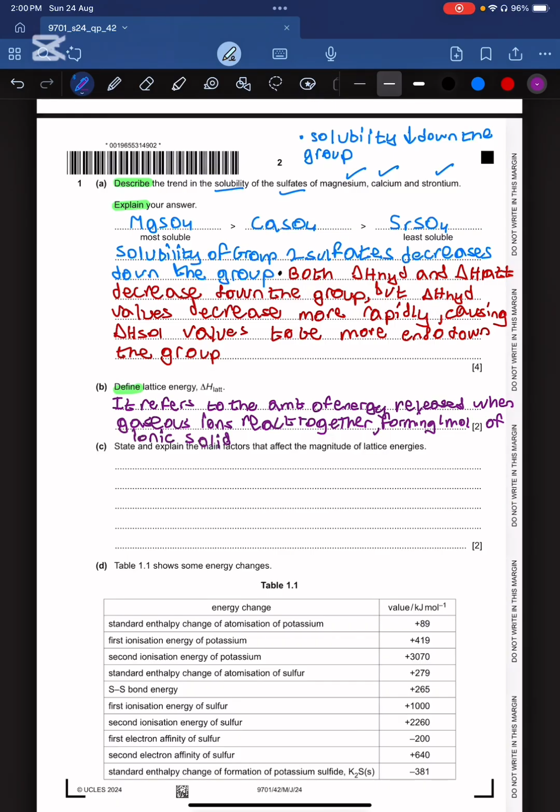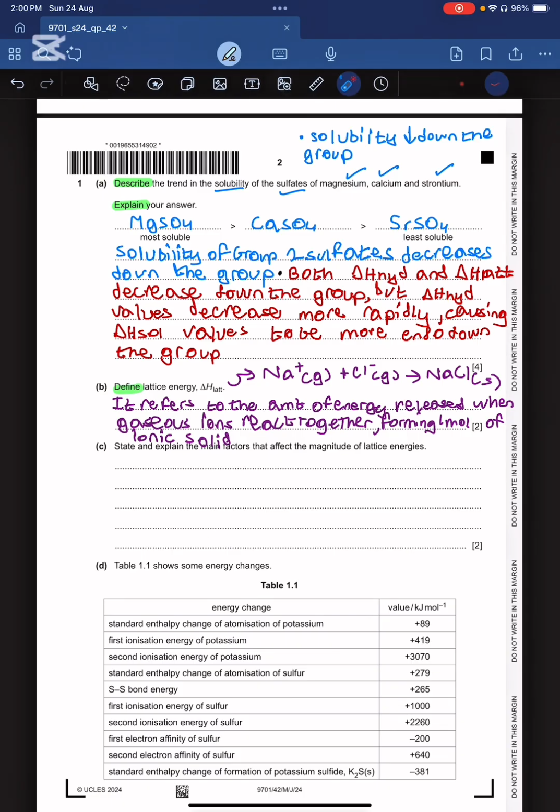Simple. Just as an explanation, an example of this could be sodium gaseous ion and the chloride gaseous ion reacting together to form one mole of ionic solid, which is sodium chloride. We don't need to write this equation, it's just for your explanation.